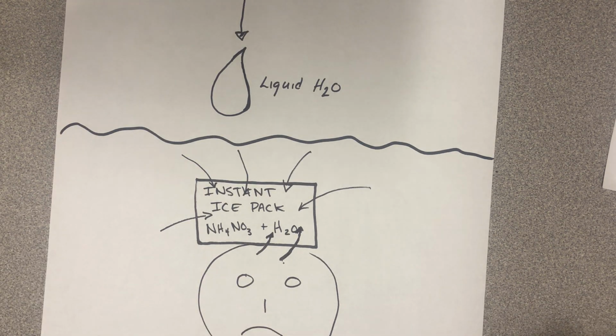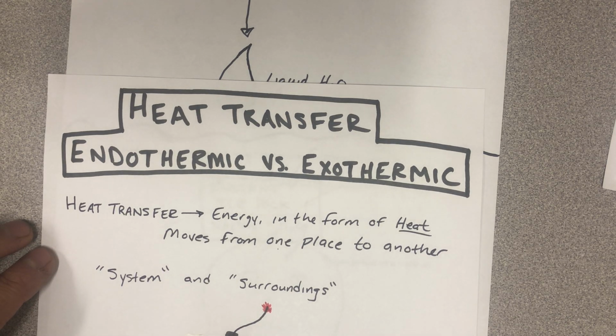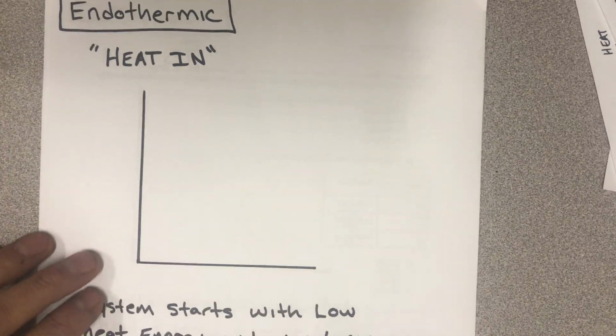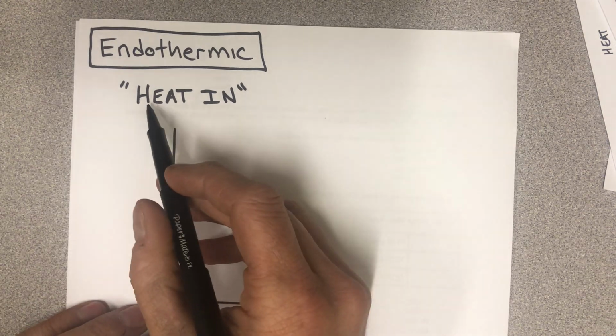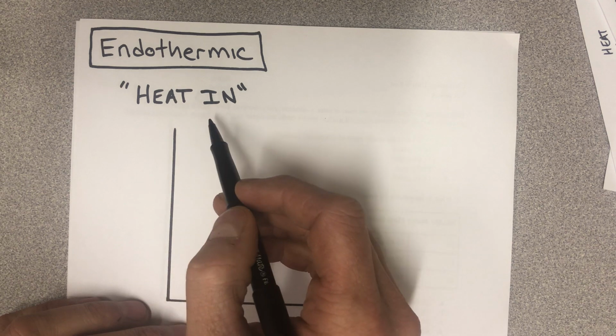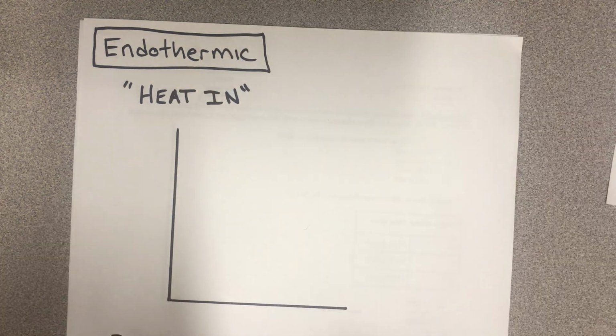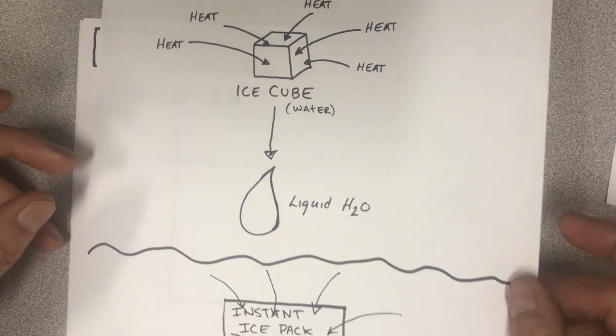So now on to these other terms that we said we were going to talk about, endothermic versus exothermic. Okay, so let's start with endothermic. I want you to think of this term as just meaning that heat is coming in, okay?